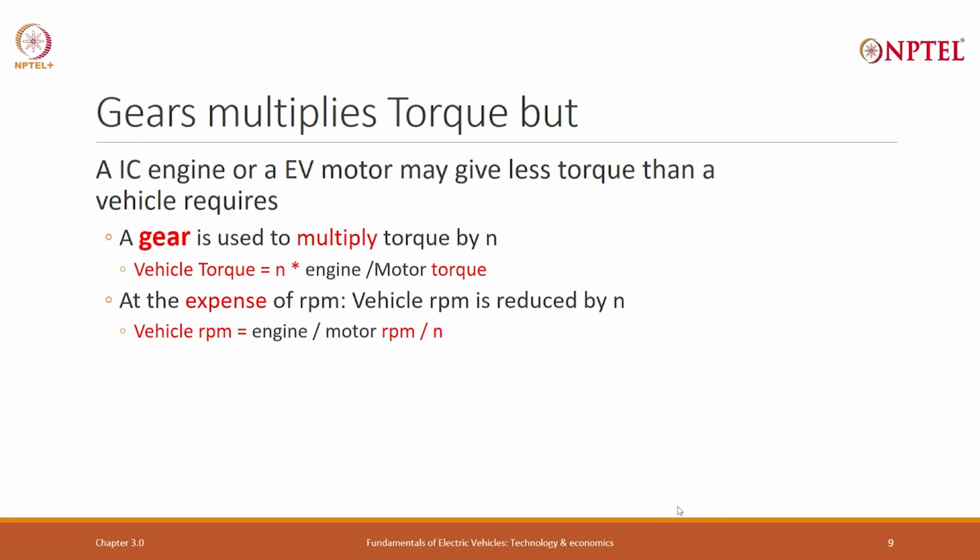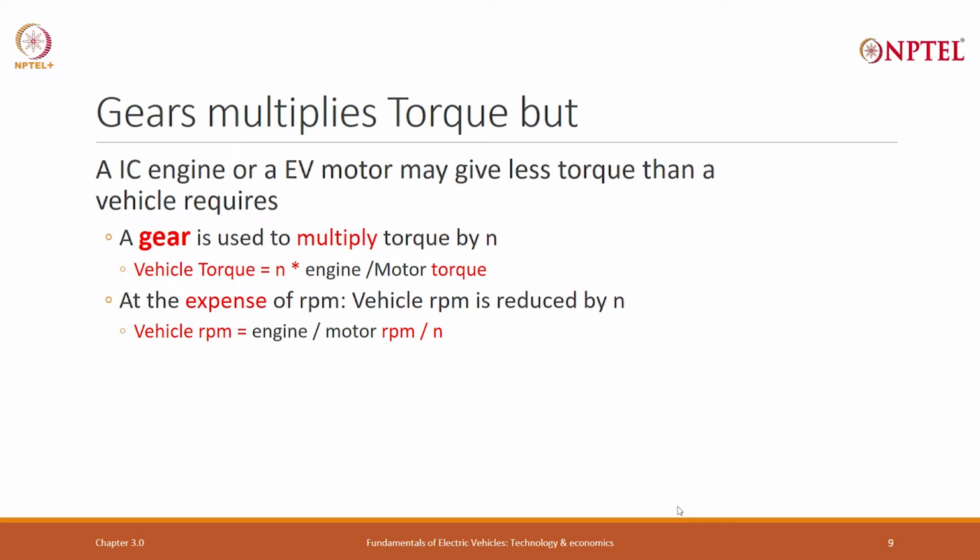Now, a very, very important concept: gears. What does gear do? You have a certain torque, you want more torque, use gear to increase the torque. So, an IC engine or an EV motor may give less torque than a vehicle requires. You increase the torque by a gear.